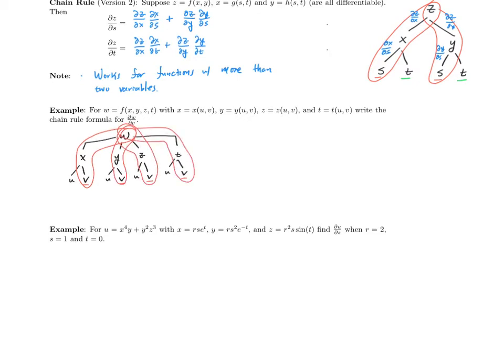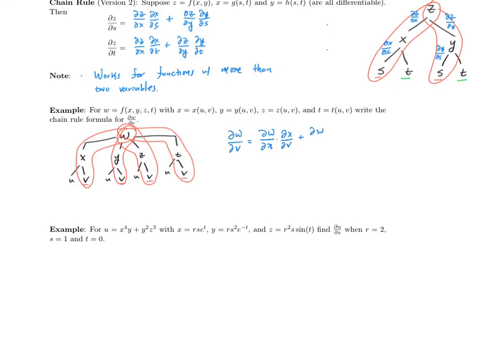desired v. And note in this example, we're not asked to necessarily compute anything. We're really only asked to write the chain rule formula. So we have kind of one step remaining here. Using our tree diagram to aid us, the partial of w with respect to v, going down that first branch, is the partial of w with respect to x times the partial of x with respect to v.